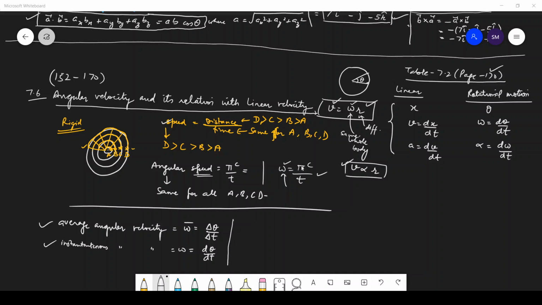Can you see that difference? Yes, students, 7.7b. See the direction of v. It is tangential. And for omega, it is perpendicular to the plane of the circle, along the axis, parallel to the axis. So students, have you understood this concept?